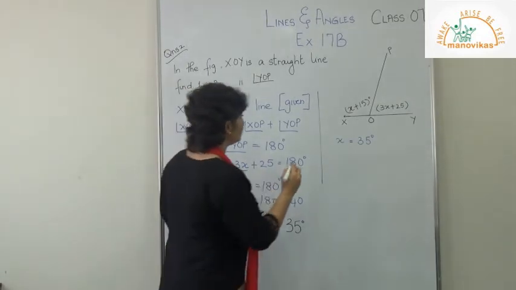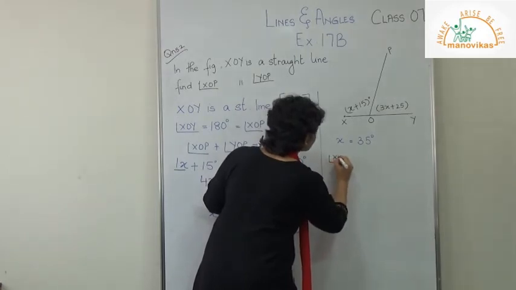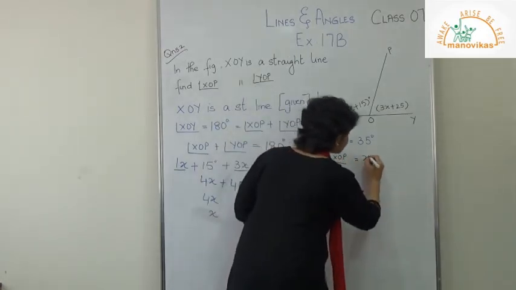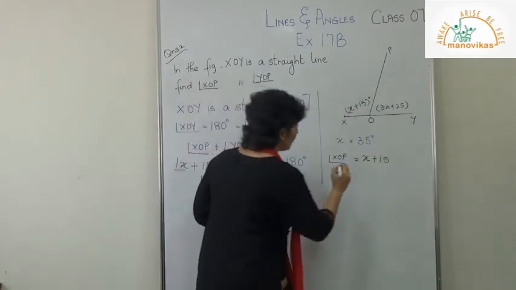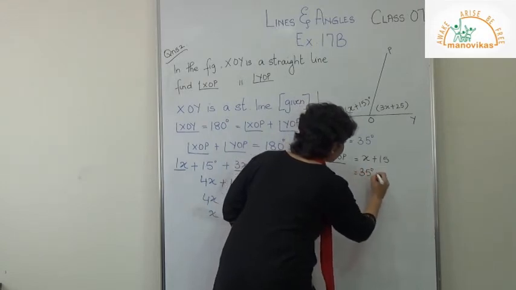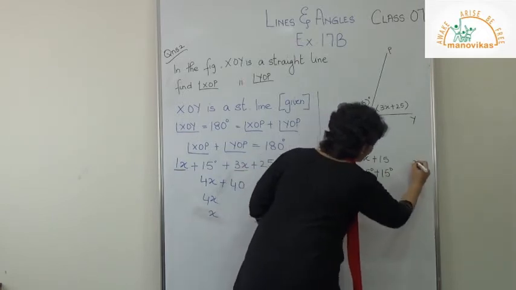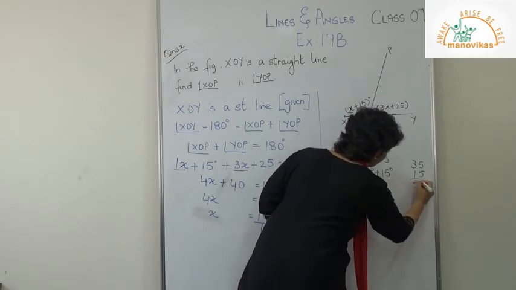You want these two. You know that angle XOP is equal to x plus 15. Am I right? So, what is XOP going to be? You know the value of x, that is 35 degrees plus 15 degrees. So, 35 plus 15 would give you 50.